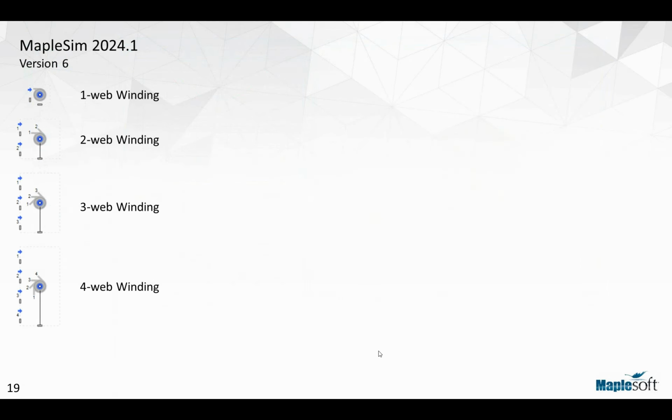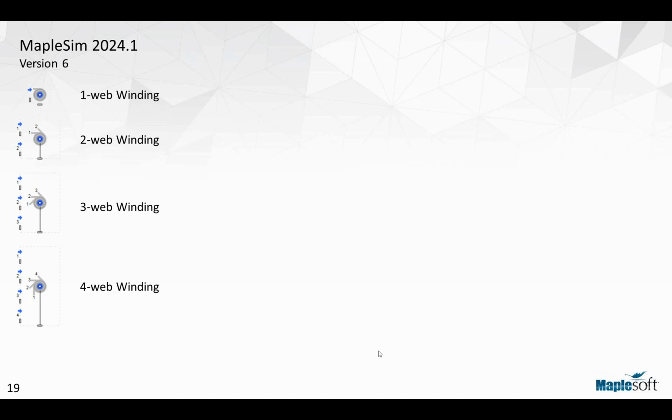So other features, probably the biggest addition to 2024.1 was the inclusion of multi-web winding components. These include 2-web winding, 3-web winding, and 4-web winding. We already had the 1-web or the basic wind and unwind. Now for the winding drum, we have added 3 more components, with 2, 3 and 4 webs.